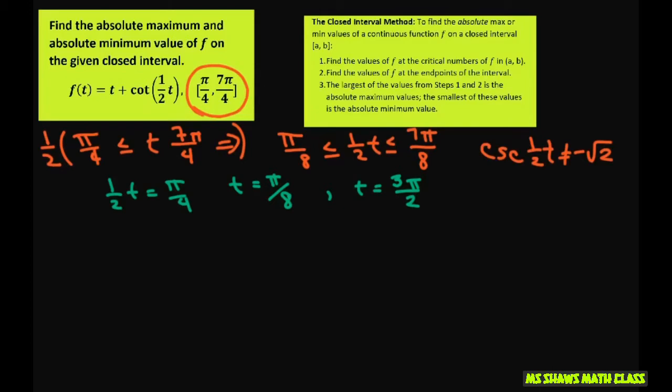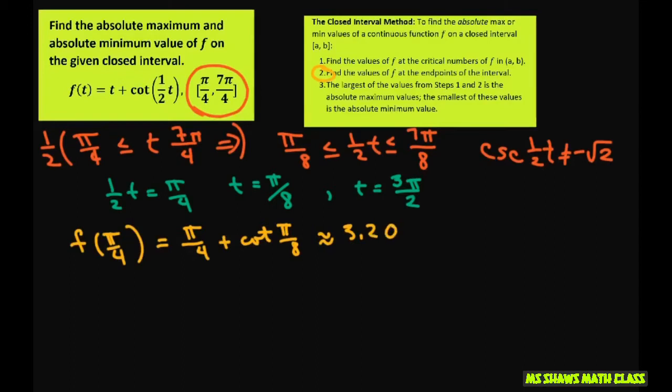So when we plug it in, we're going to get f of pi divided by 4. That's our endpoints. We're doing step 2. That's going to be pi divided by 4 plus cotan of 1/2 pi over 4 is pi over 8. And use a calculator, and that gives you approximately 3.20.